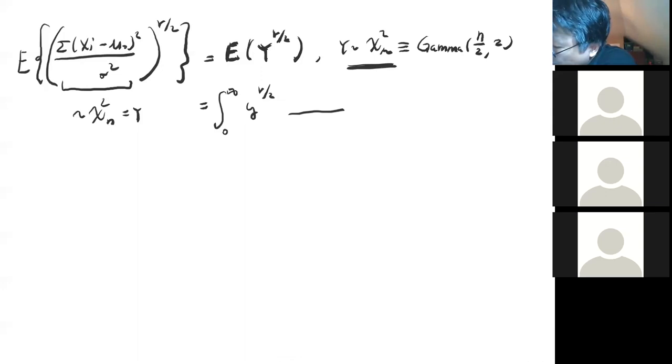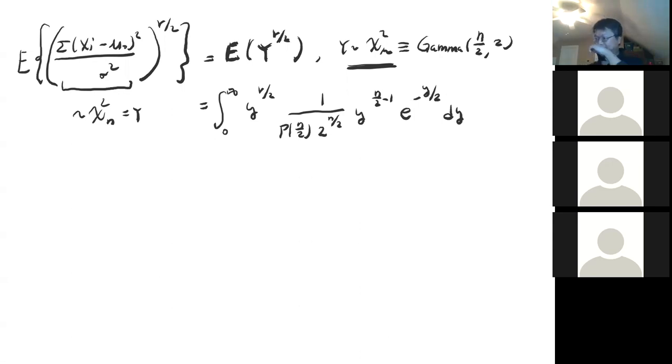Yeah, okay. So that means this guy is 1 over beta to the alpha, then y to the alpha minus 1, expectation of minus y divided by beta, then dy.